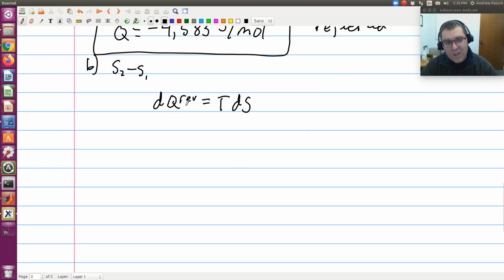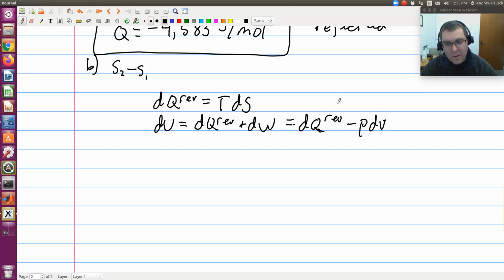Now for dq reversible, let's write down our first law balance. So my first law balance is going to be du is equal to dq reversible plus dw, where I'll assume that the only work is reversible PV boundary work. So dw then becomes negative P dV.